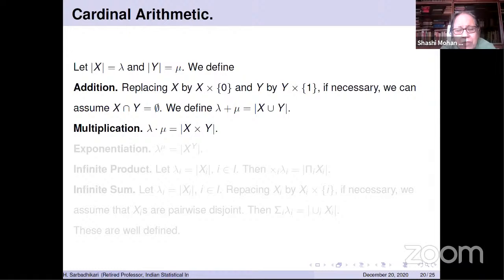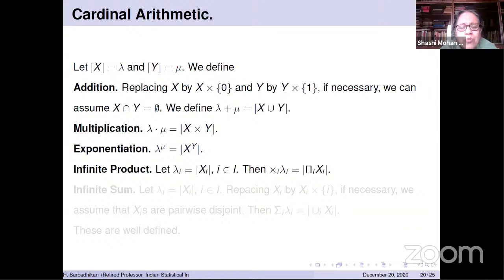Multiplication is even simpler. You just take the product of X and Y. And since I have already talked of X to the power Y, its cardinality is lambda to the power mu. And I can do, again in the standard way, infinite sum and product. Infinite product is nothing, you just take the product of the infinitely many Xi's and take the cardinality.